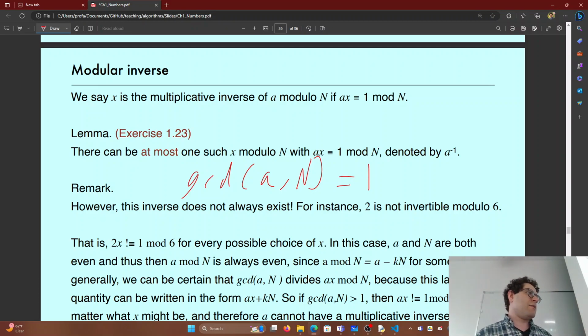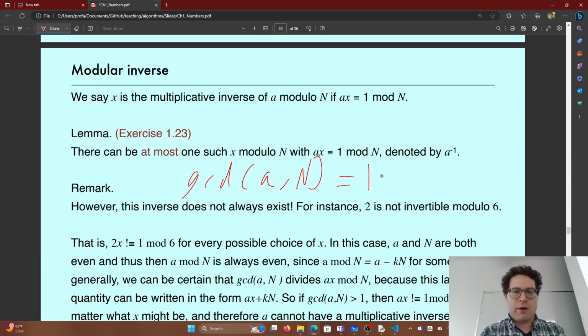Another way to phrase this, which we're going to be using a lot in the upcoming minutes, is that A and n are coprime, meaning that they don't have a common divisor. They can only be divided by 1. They're both only multiples of 1 with regard to each other. That's what it means to be coprime.